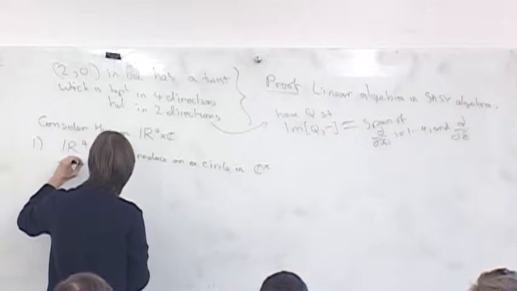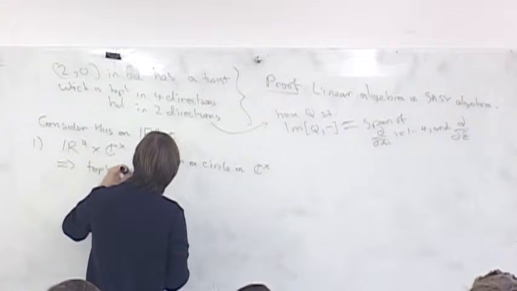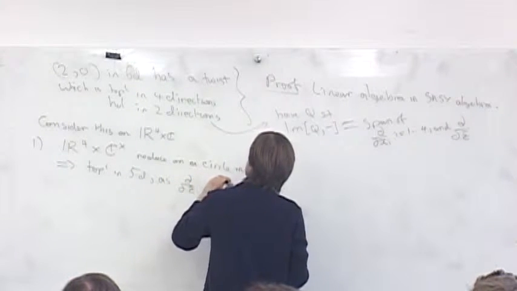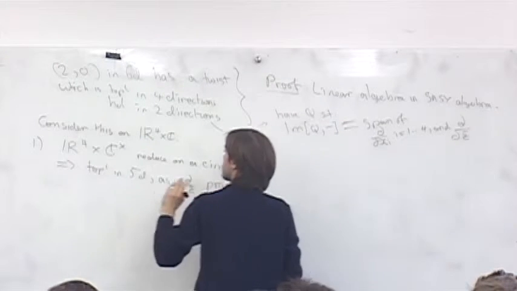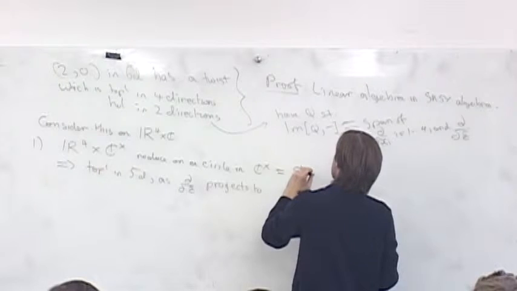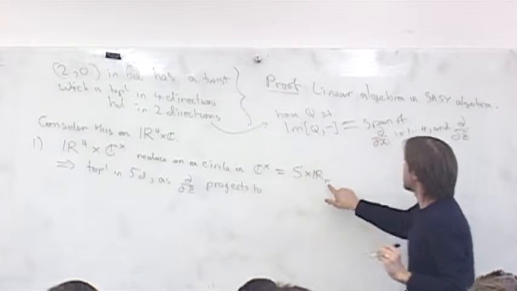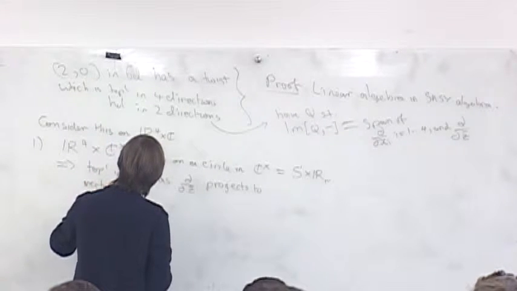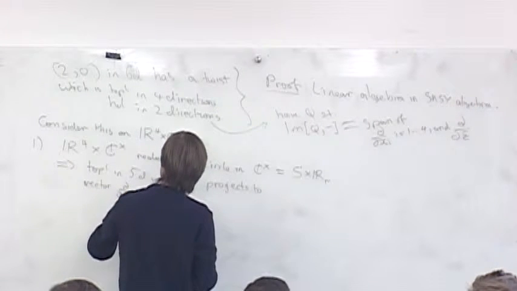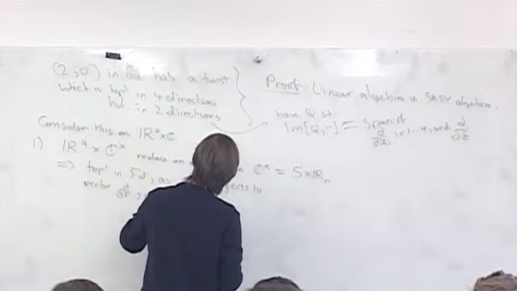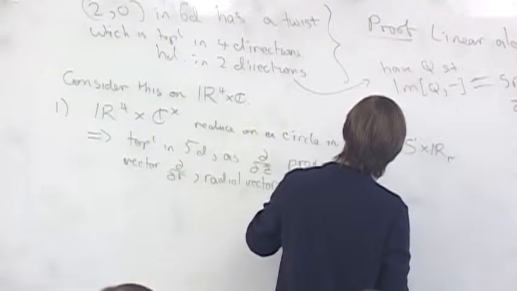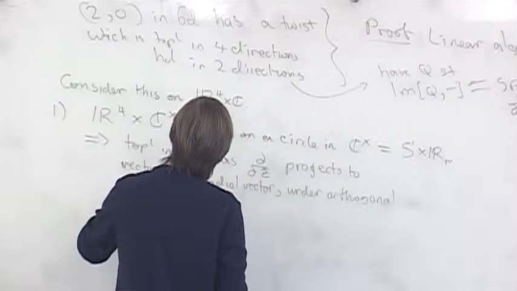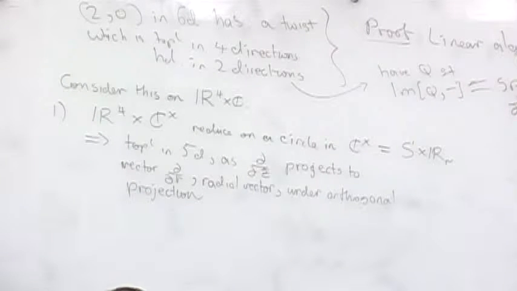So it implies it'll be topological in 5D as d by dz bar projects to C star, which is S^1 cross R. I'll call this parameter r, to the vector d by dr, kind of radial vector, under orthogonal projection.